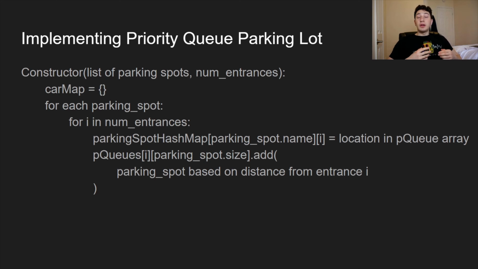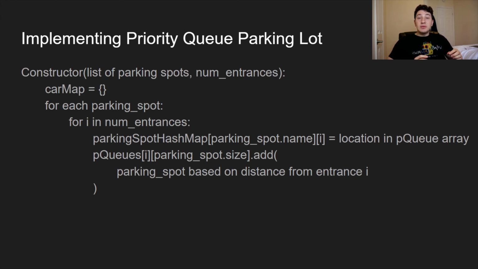So firstly, we're going to add it to the priority queue. Once we have the index in that priority queue, keep in mind that priority queues are implemented as min heaps, which are just arrays under the hood, we need to know the actual index of the array that that parking spot was placed in.